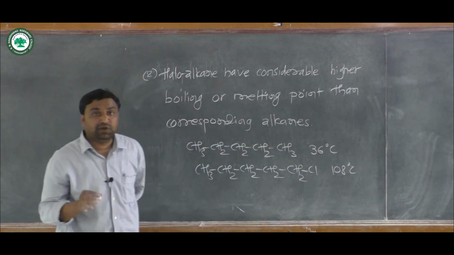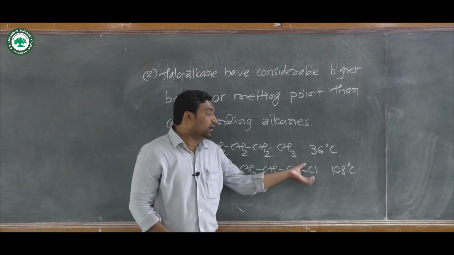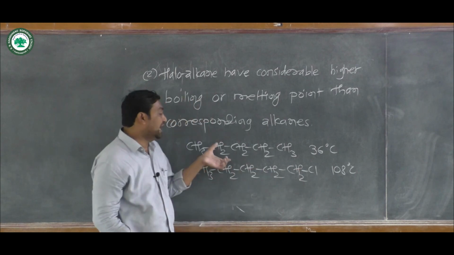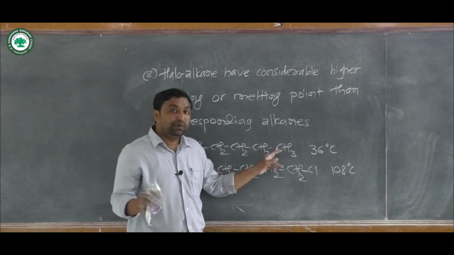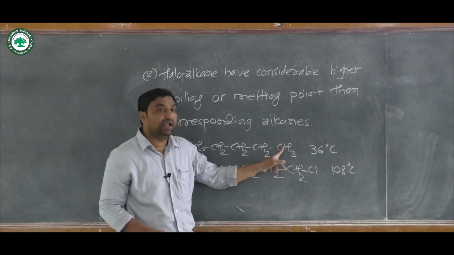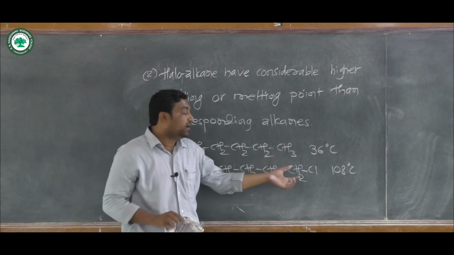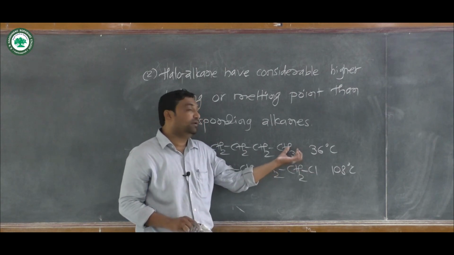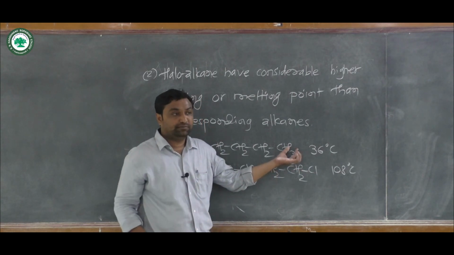It is due to the higher molecular weight of these haloalkanes than that of the alkane, because in this case one of the hydrogen atoms is replaced by a chlorine atom, which is higher in atomic weight than the replaced hydrogen atom.